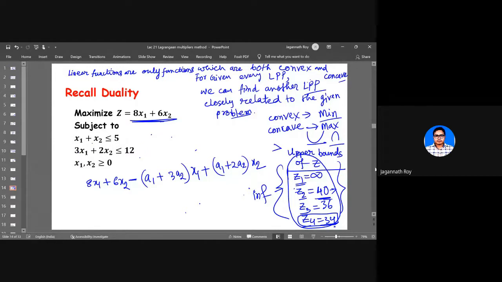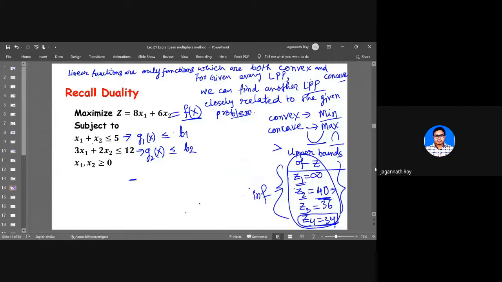What we are doing is, let us write g1 of x less than or equal to b1, and then g2 of x less than or equal to b2, and this is f of x. Let us write z equals f of x.